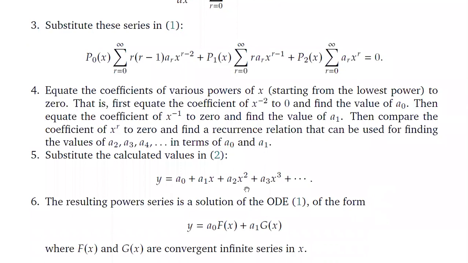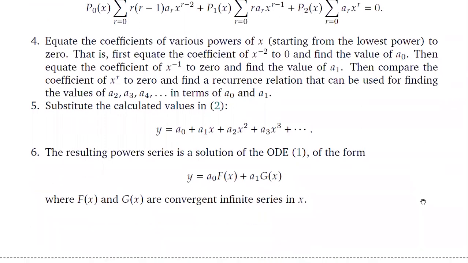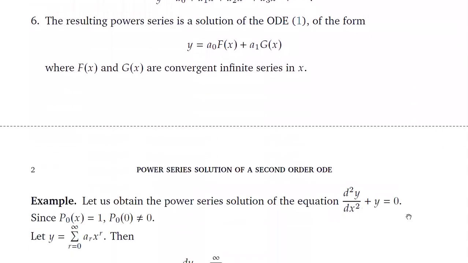So our series can take the form y equal to a0 into capital F of x plus a1 into capital G of x, where capital F of x and capital G of x are nothing but convergent infinite series in x. So now using this method, let's solve the first problem.